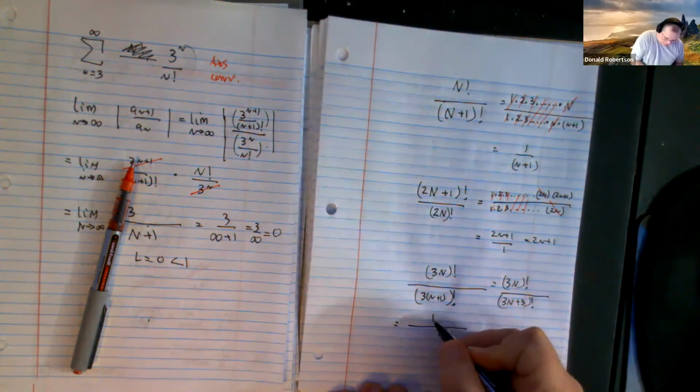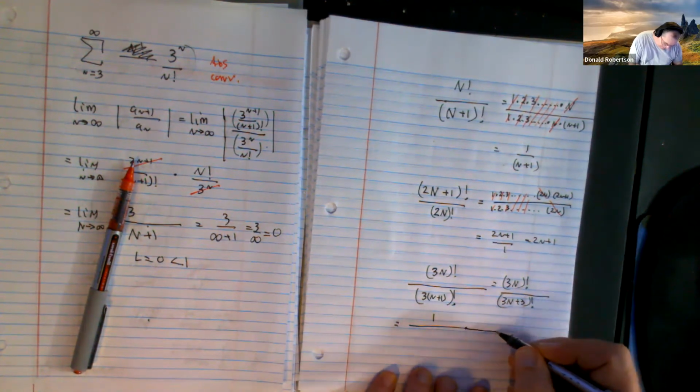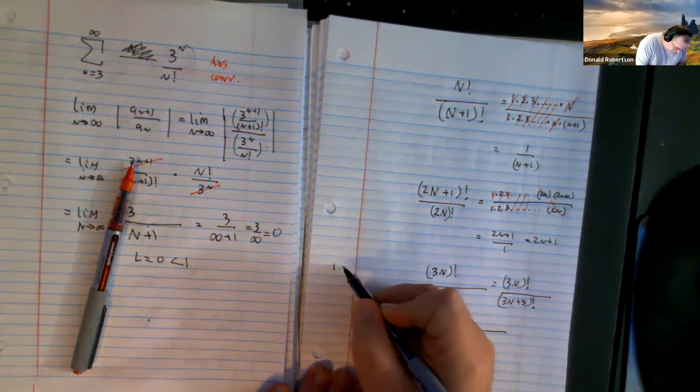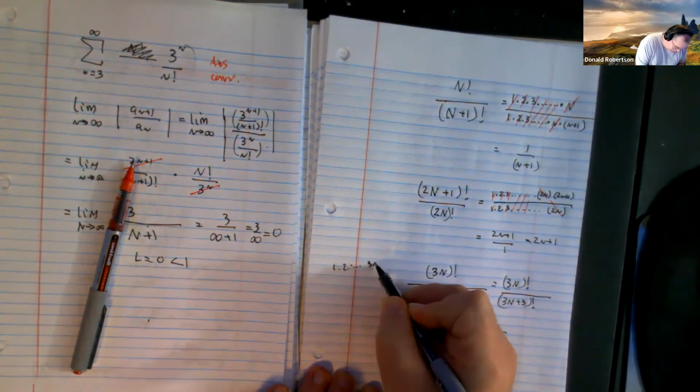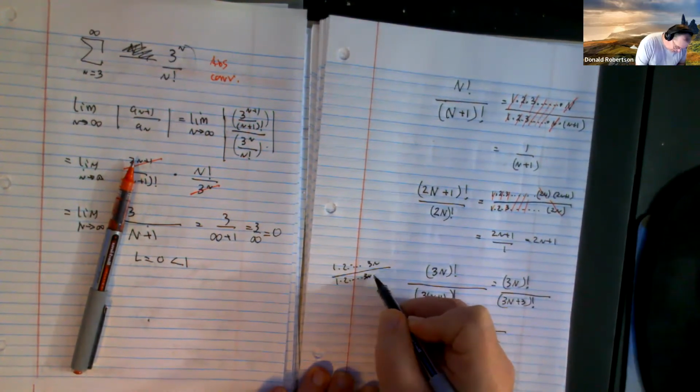Okay, so that means it's 1 on the top then, right? How many things are going to be left over? Once this cancels that and this cancels that, how many things are going to be left on the bottom? So imagine going 1 times 2, and wouldn't the bottom be 1 times 2 times up to 3n?